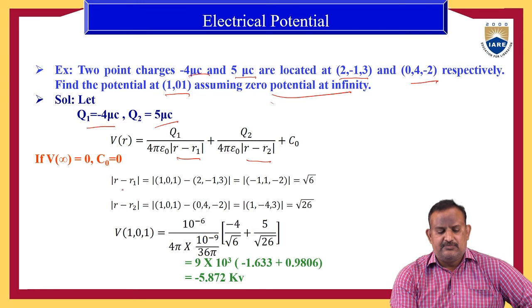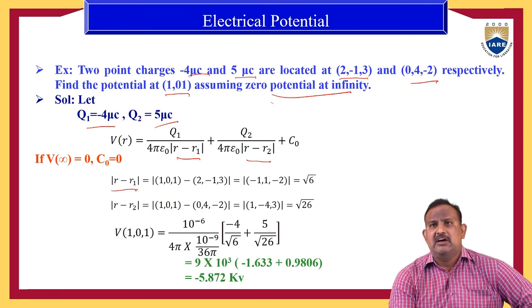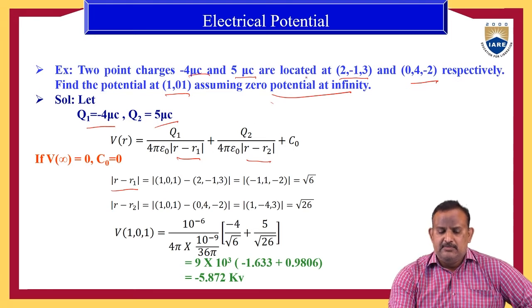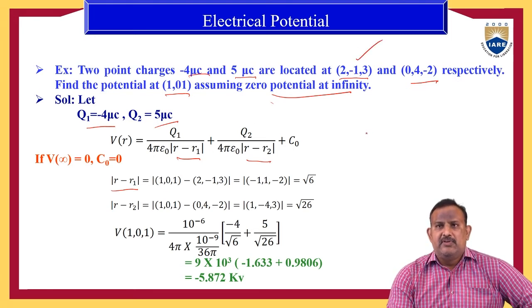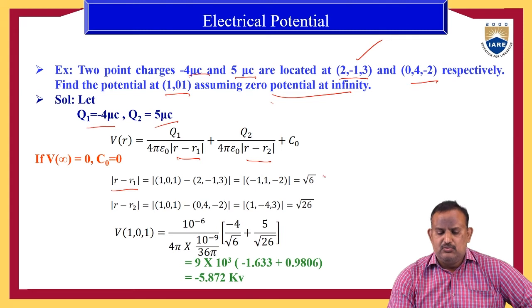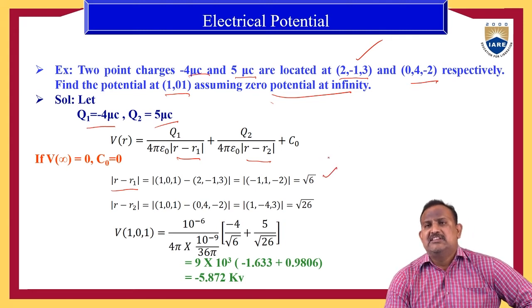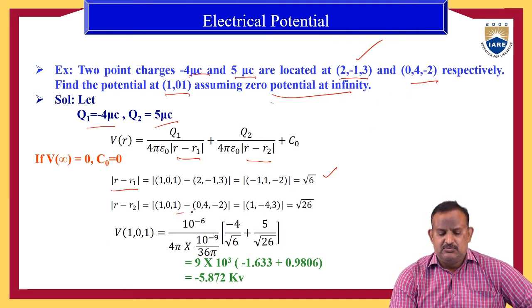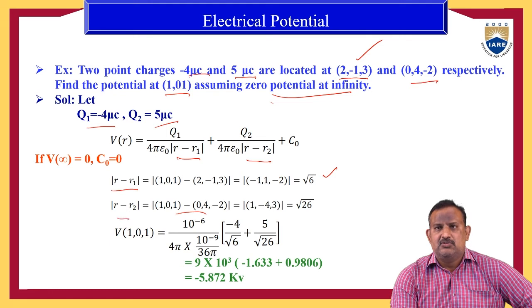Here R is 1, 0, 1 and R1 is 2, minus 1, 3. If you find the distance between these two, it is root 6. Similarly, we find the distance between 1, 0, 1 and 0, 4, minus 2.